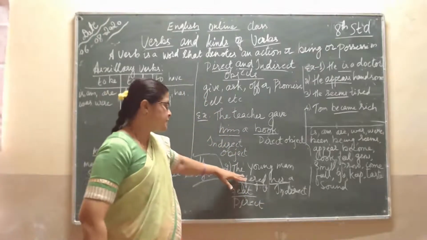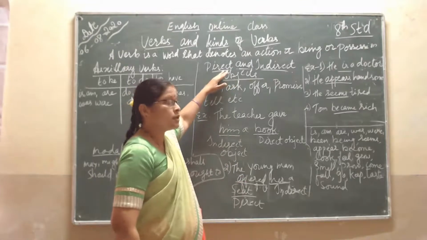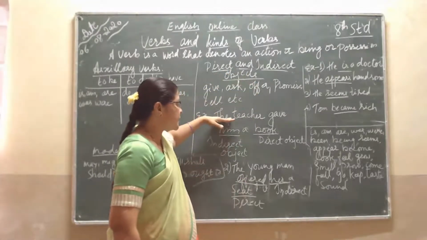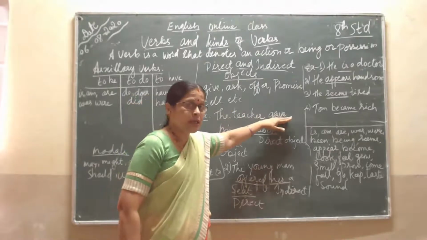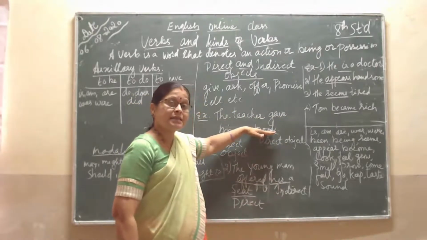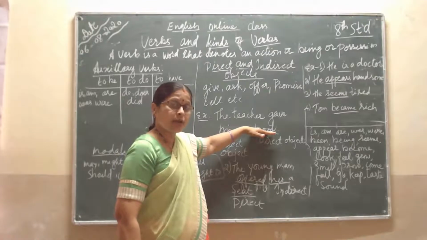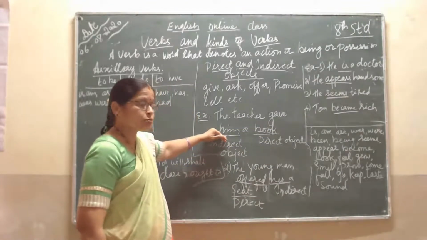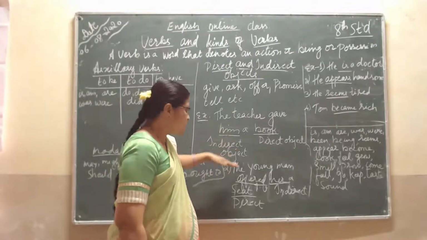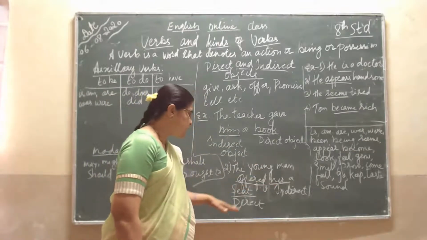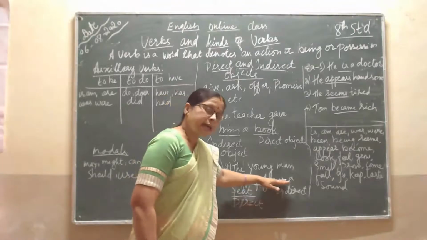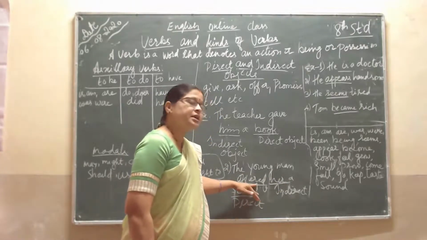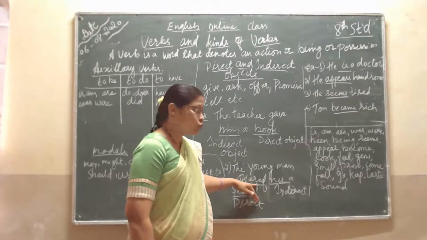In the sentence we find the verb gave. Here the answer is a book. Only by framing the question do we find the direct object. Then before the direct object we get the indirect object. Whenever we see a sentence, we get the indirect object first, then later comes the direct object. The verb is called a transitive verb.